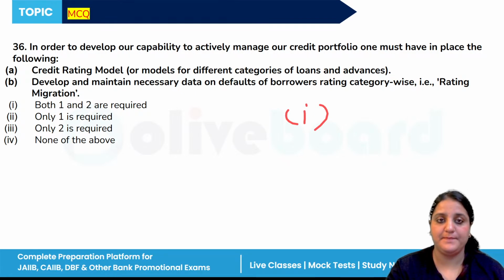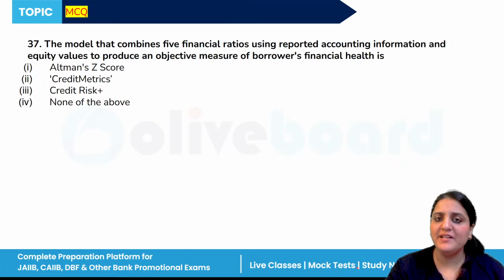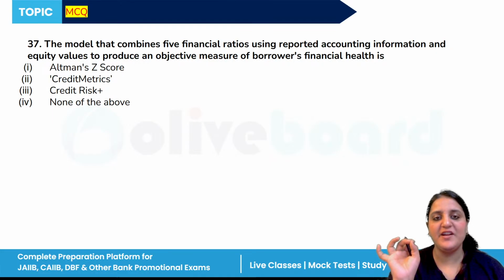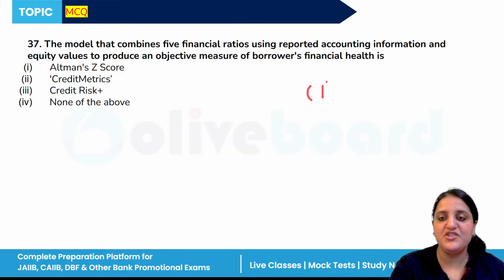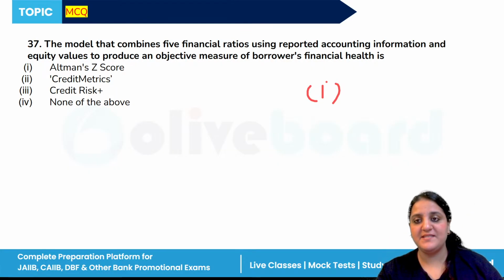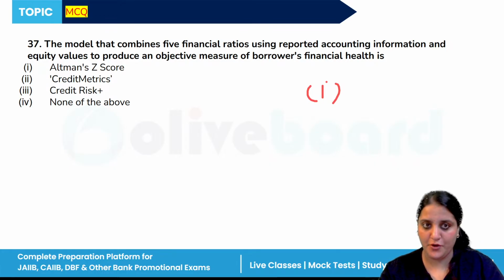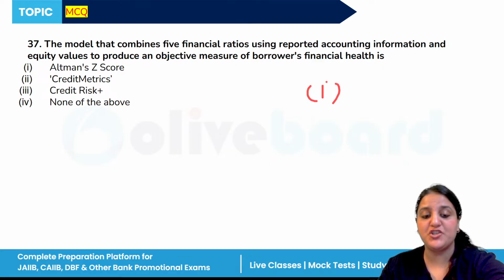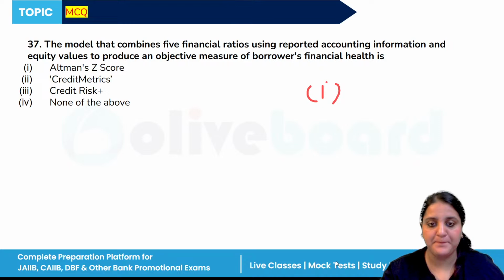First is correct. The model that combines 5 financial ratios is the one and only Altman Z-score they are talking about. The Altman Z-score basically combines 5 financial ratios, using reported accounting information and equity value, to produce an objective measure of the borrower's financial health.